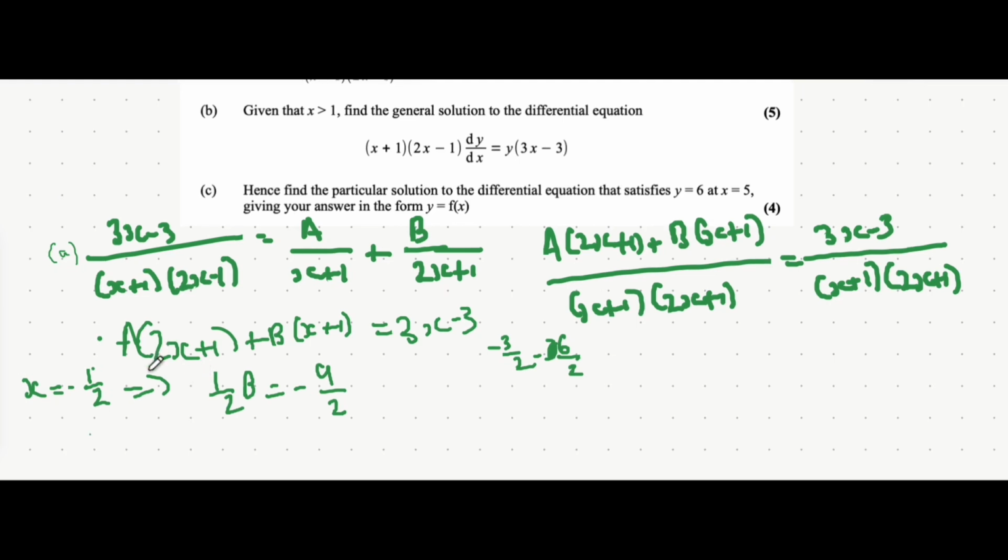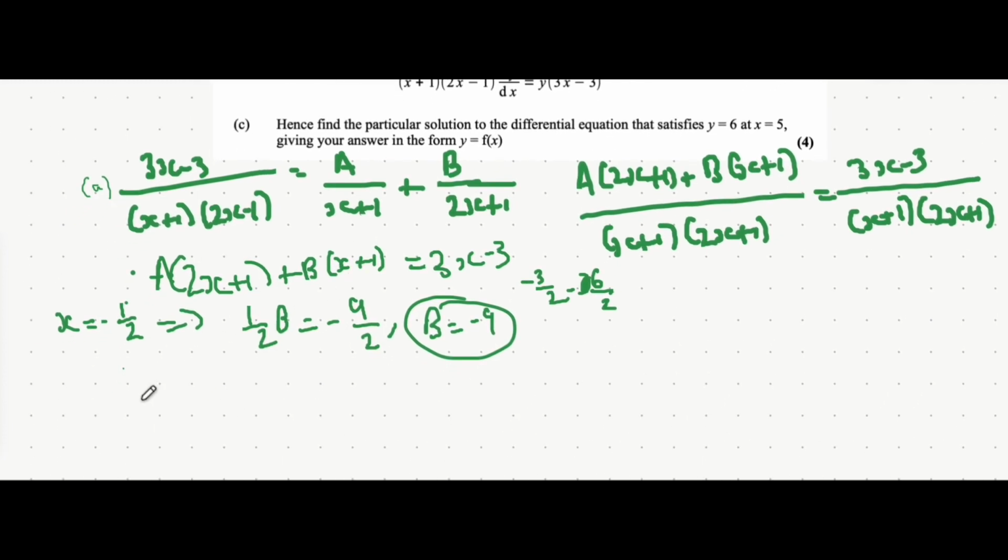The reason I knowingly substituted in a value of x to make the first term equal 0 is so that we can find the value of B. We can now easily do that. Let's do the same to the second bracket here. So let's substitute in x equals minus 1 into it. In that instance, 2 times minus 1 is minus 2, minus 1 is minus 3, so we have minus 3A. We substitute it in just to make the B term equal 0, so we don't need to include that.